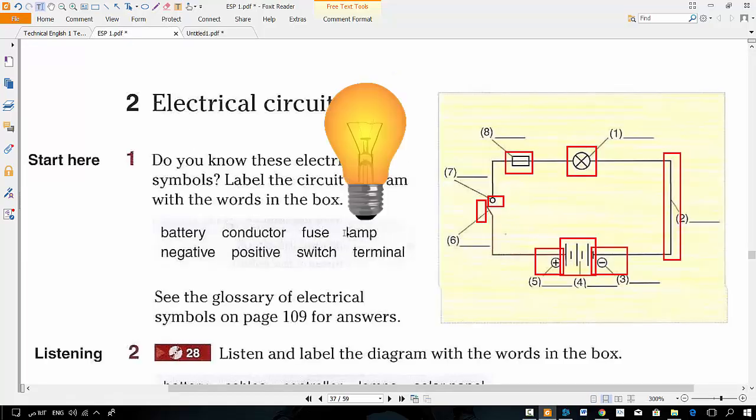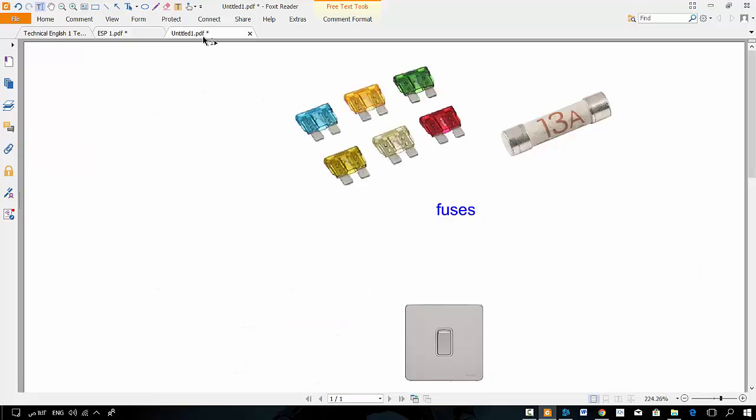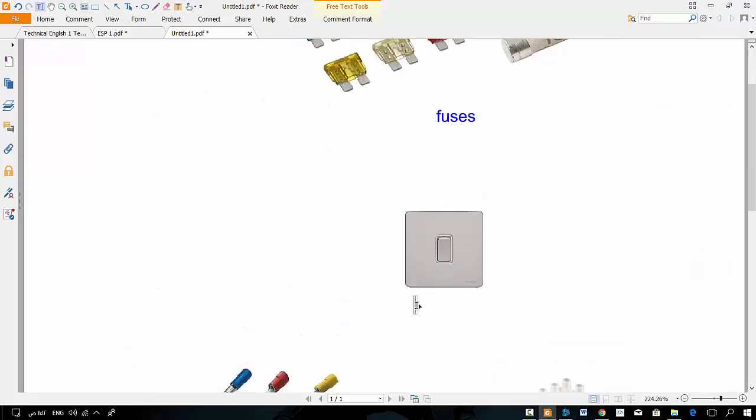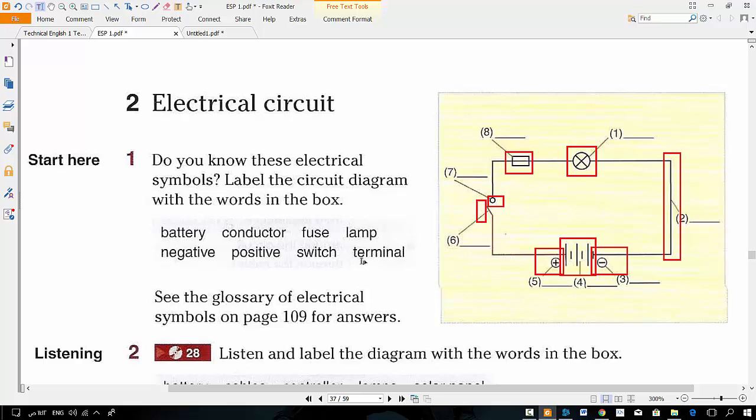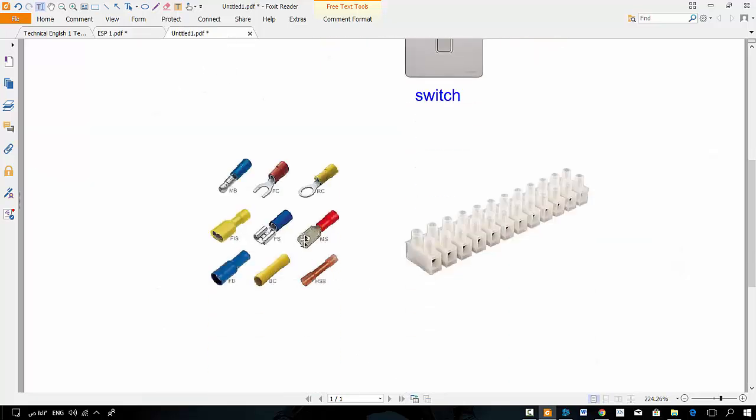Lamp, negative, positive, switch. This is a switch. مفتاح التشغيل. Terminal. These are terminals.